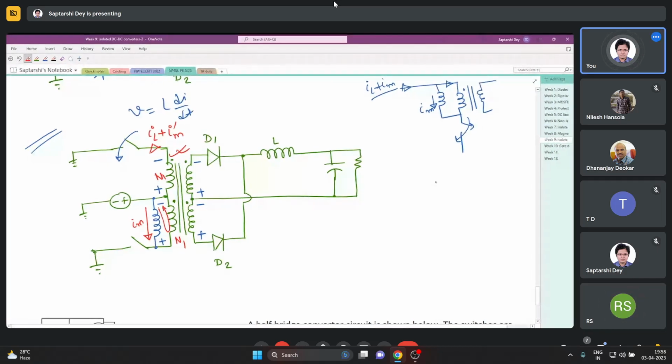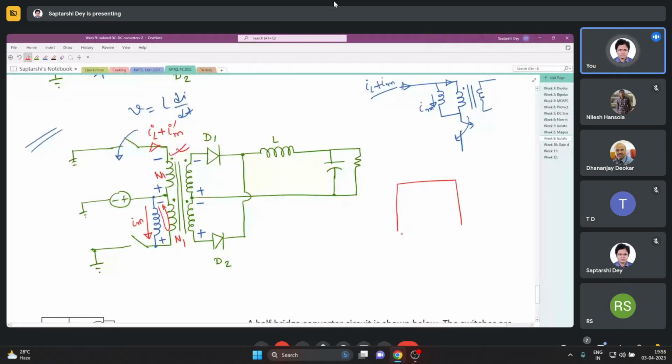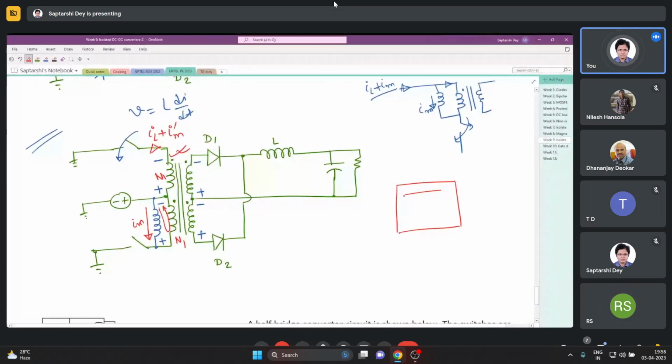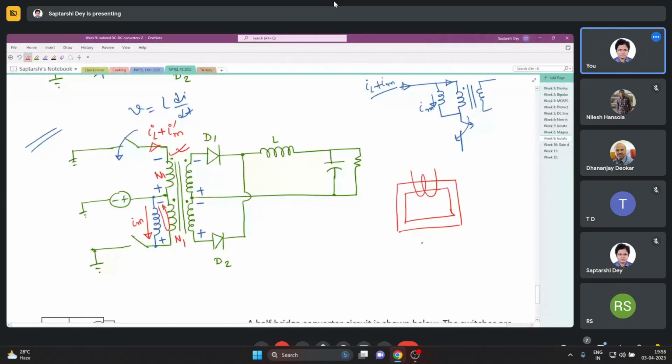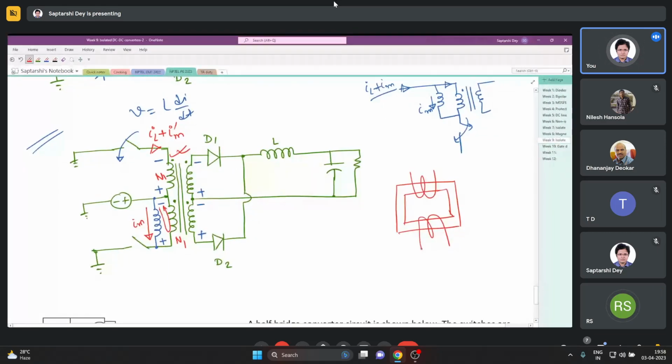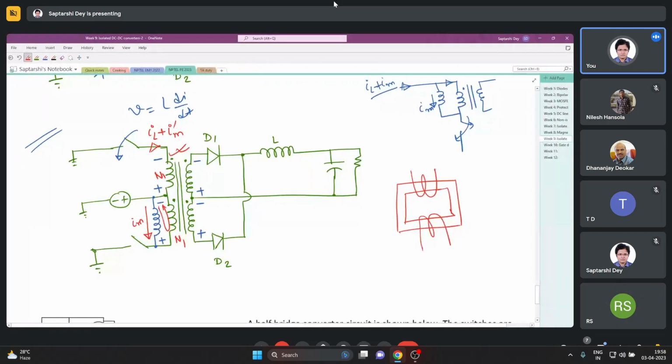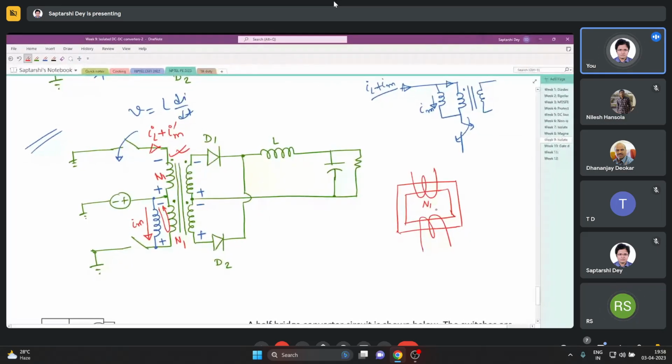You remember we said today also that if I have a two winding transformer and I keep one winding open, then for the other winding it is just an inductor. Suppose I have n1 turns here and n2 turns here.